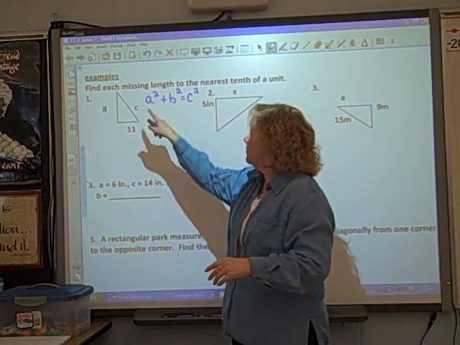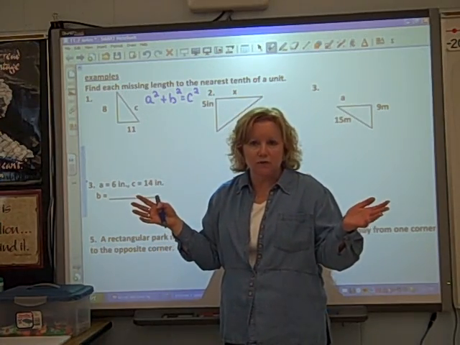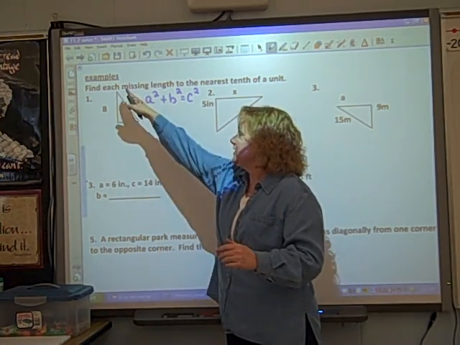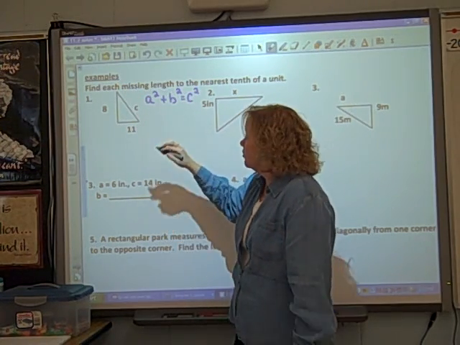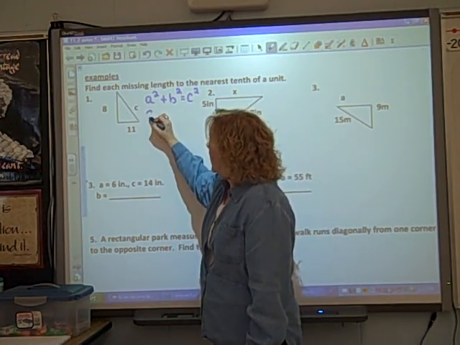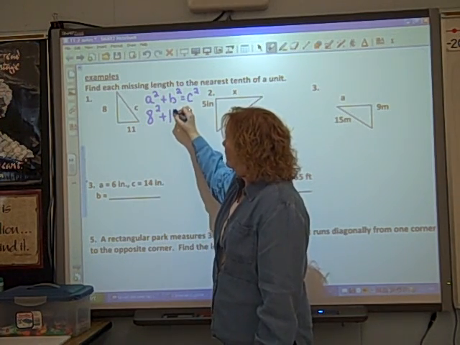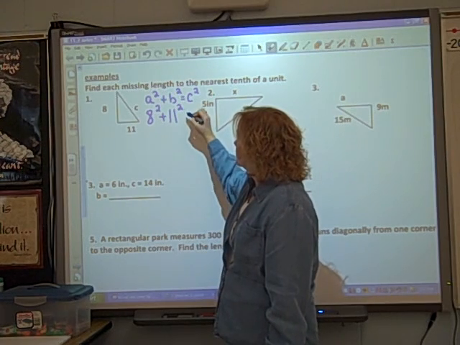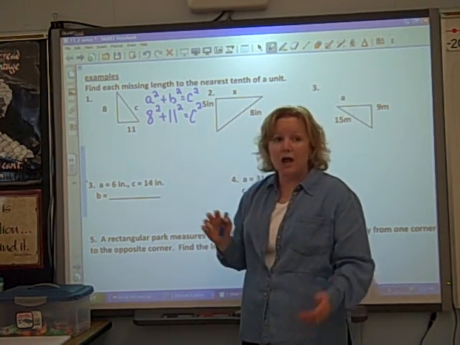It doesn't matter. I could put the 8 in for A, or I could put the 11 in for A. What's important is that your hypotenuse is always C. So you do have to remember that. I'm going to put in my 8 for my A, so 8 squared, put my 11 in for my B, and equals C squared. And now I'm going to solve.